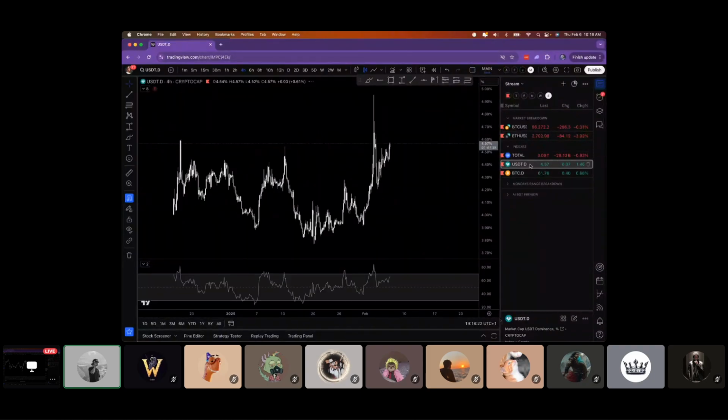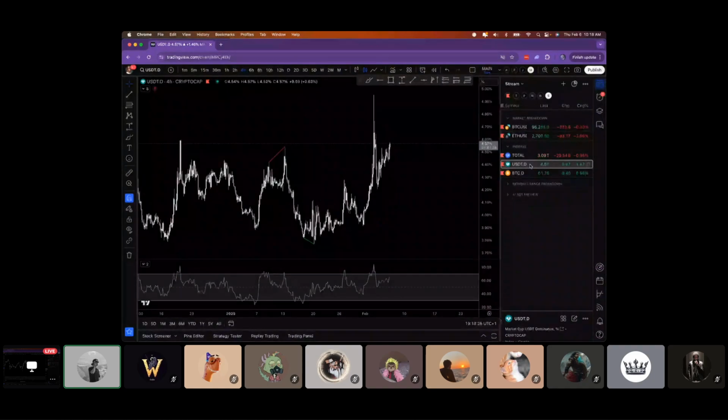And you can see USDT is the index showing you the market cap of stablecoins inside the market. If this is going up, people are moving into stables. If this is going down, people are moving out of stables. This works opposite: if this is going up, crypto's generally going down.